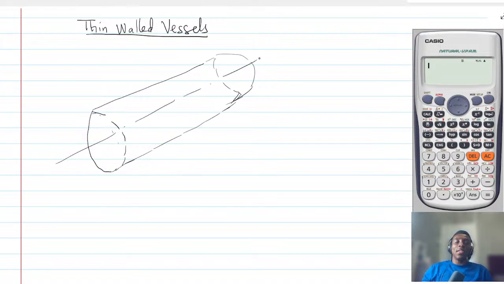Essentially a thin walled vessel is loaded such that there is an internal pressure built in. But then the whole idea is that there are two stresses. There is a stress which is along the axis, and there is a stress which is perpendicular to the axis.